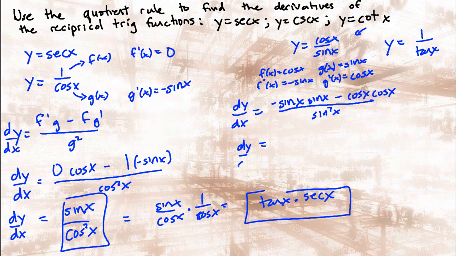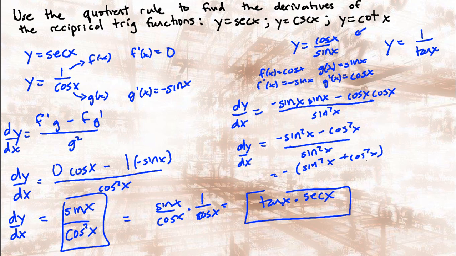So let's see here. We get negative sine squared x minus cosine squared x. Now, if we were to factor out a negative, we could rewrite that as 1, which we'll do here in a moment. So factoring out that negative, we get sine squared x plus cosine squared x all over sine squared x.